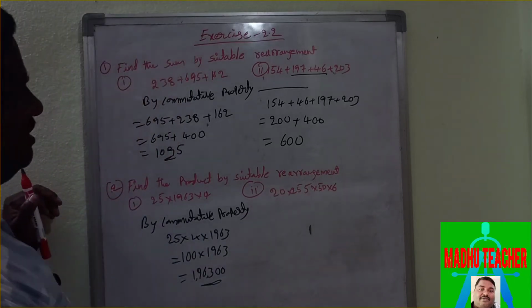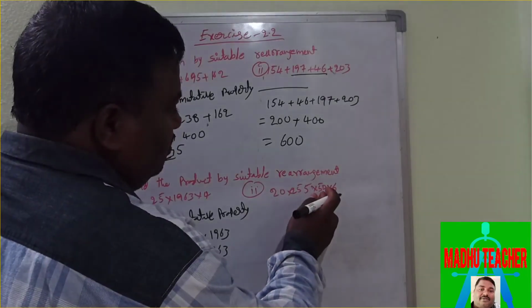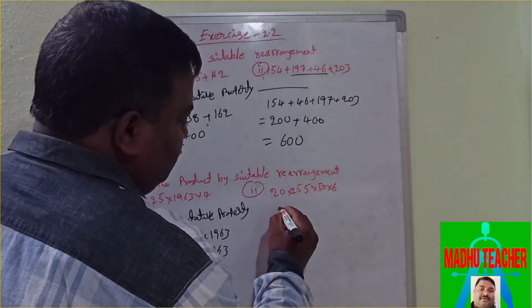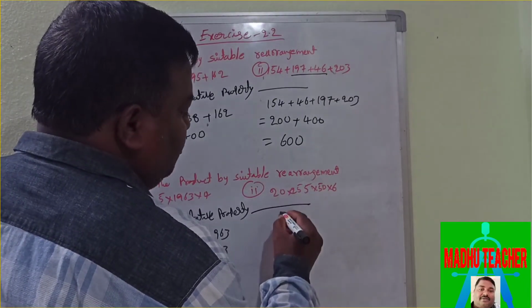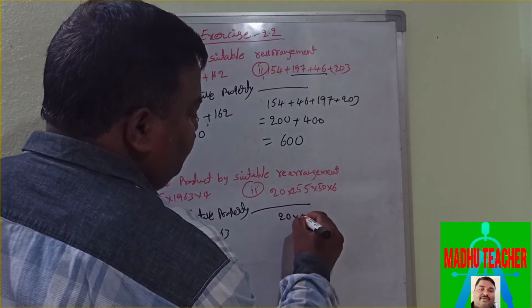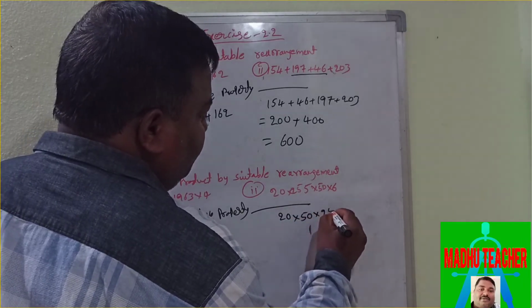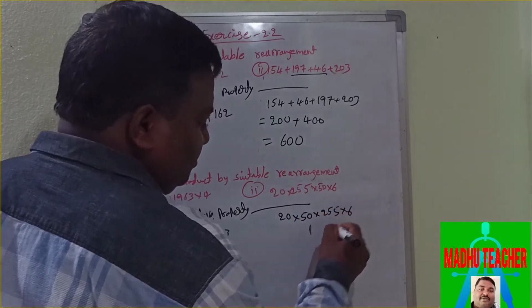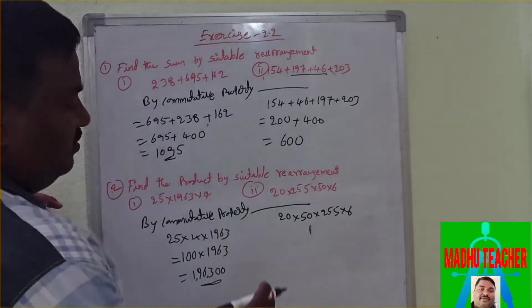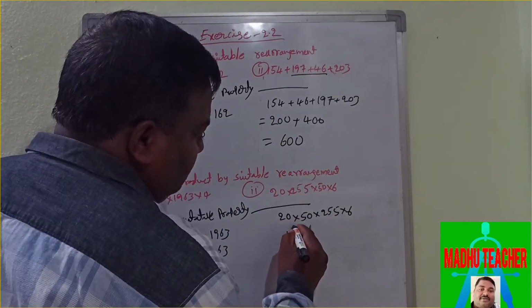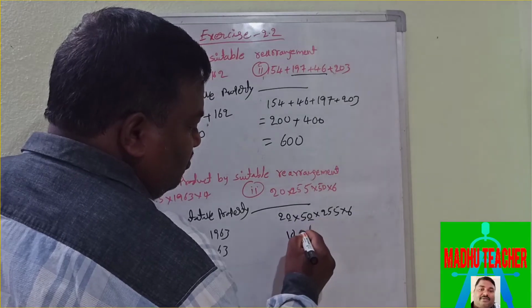Second one, we are rearranging these two. It is the same by commutative property. 20 into 50 into 255 into 6. 2 5s are 10. We have 2 more zeros.